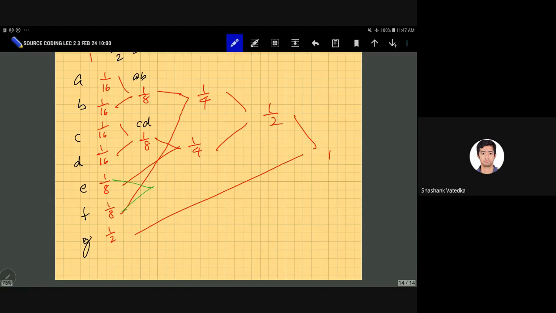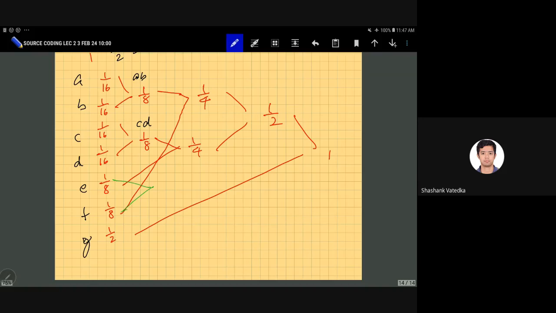As long as you fix it, it's fine. So maybe the decoder and the encoder could agree that if there are 3 or more symbols or super symbols with the same probabilities, then you always merge those which are the least in the sense of lexicographical ordering.